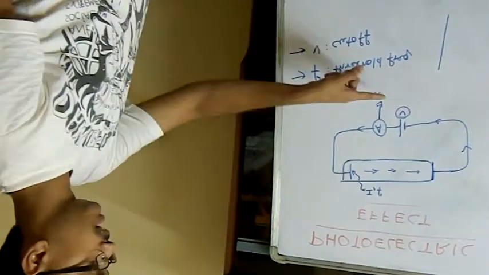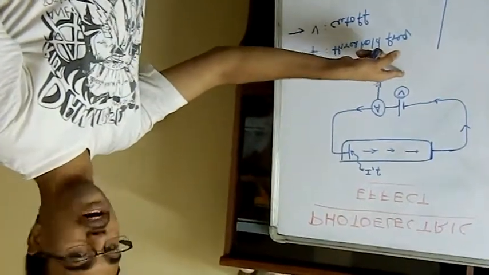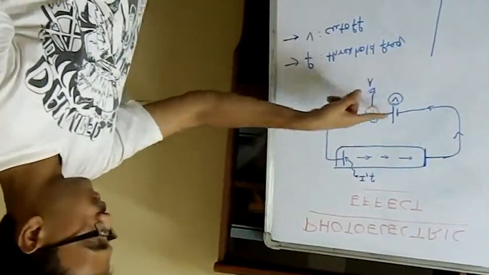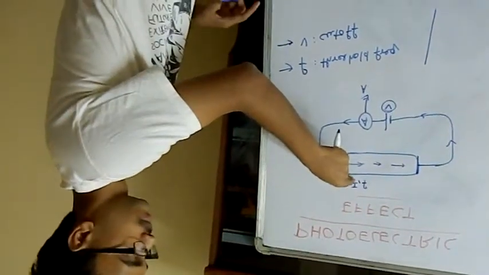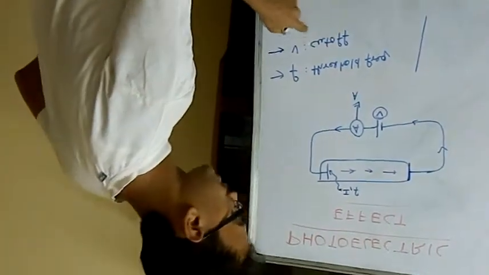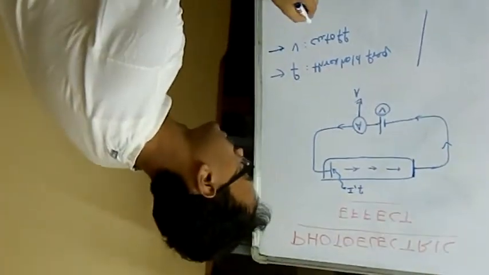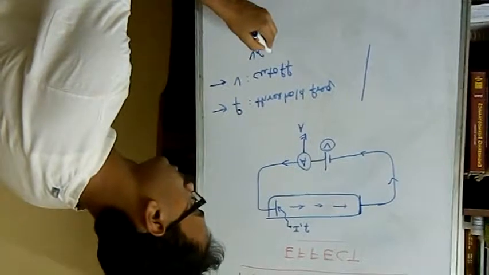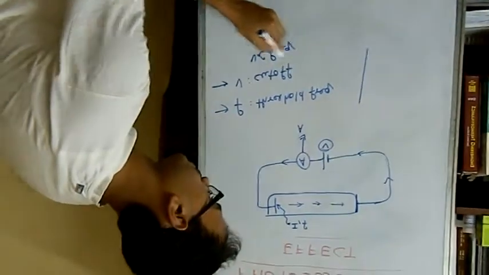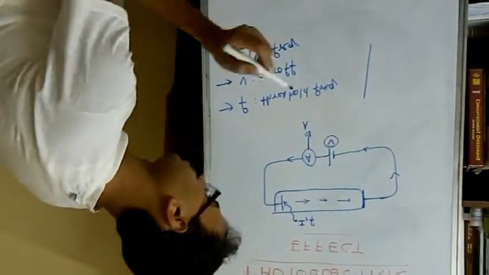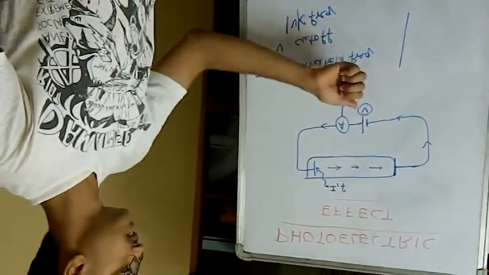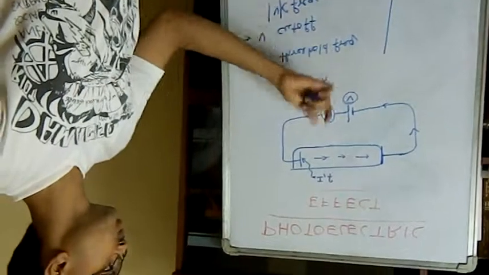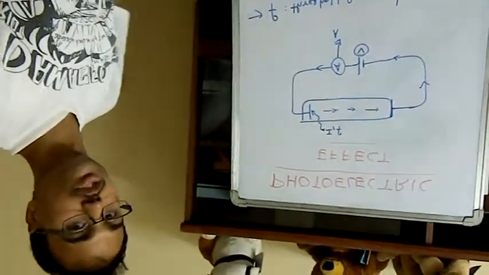At a particular opposing voltage, the photocurrent becomes zero, irrespective of the intensity. And the magnitude of this cutoff voltage V is directly proportional to the frequency. So if you double the frequency, the opposing voltage that you need to apply to stop the photocurrent will also be doubled.